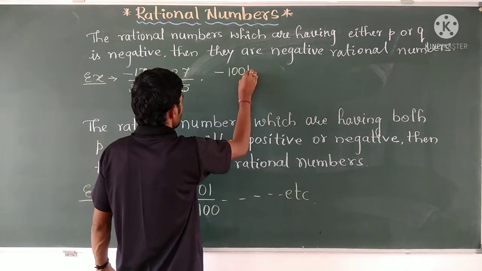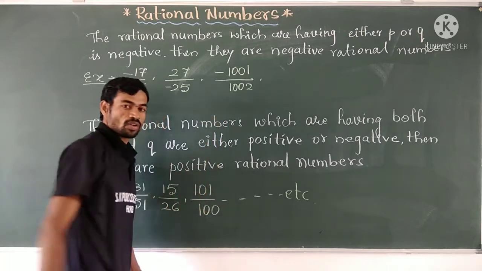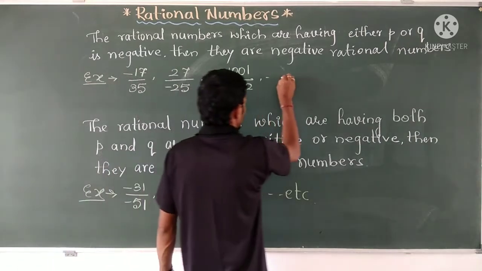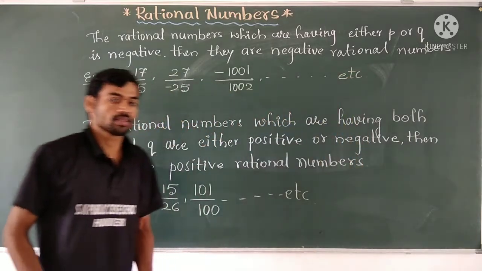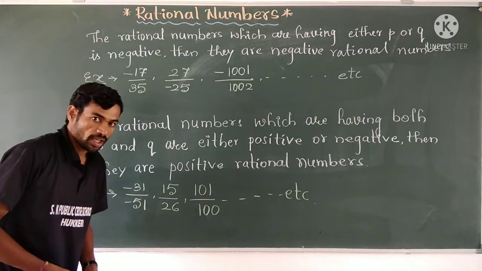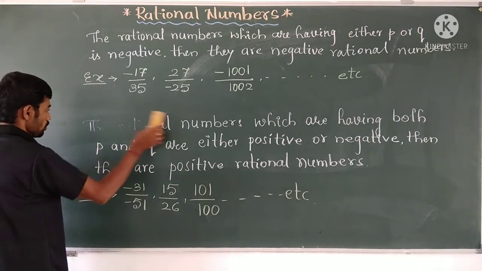Minus 1001 by 1002 is also negative. So we can give many examples for negative as well as positive rational numbers.